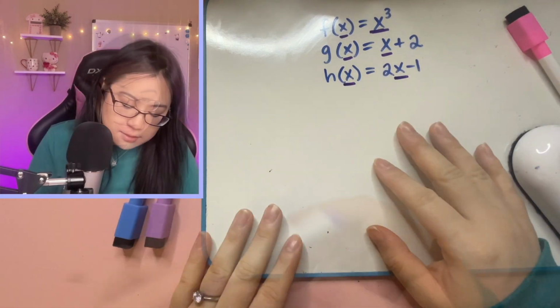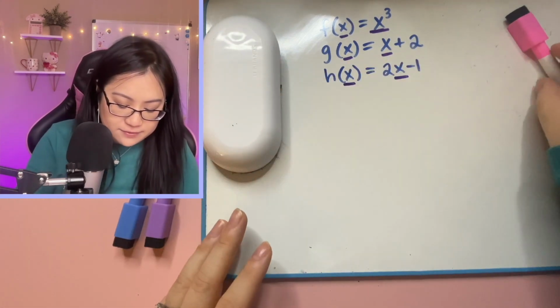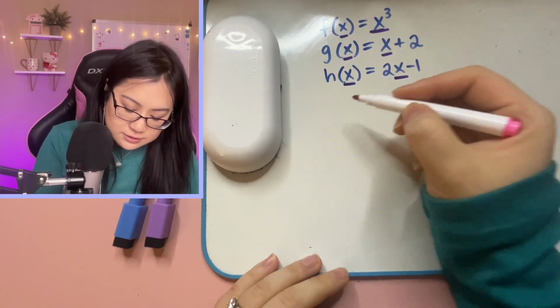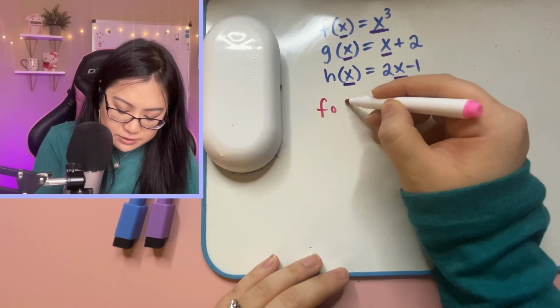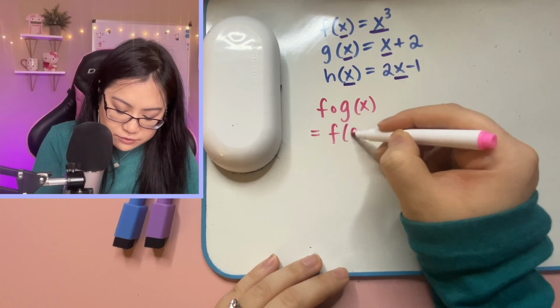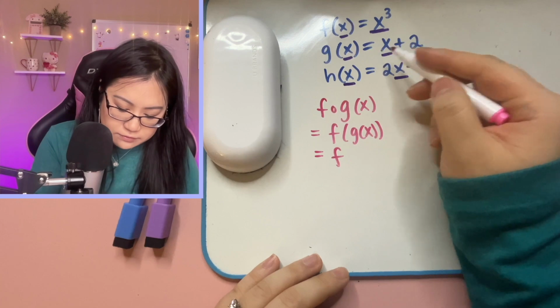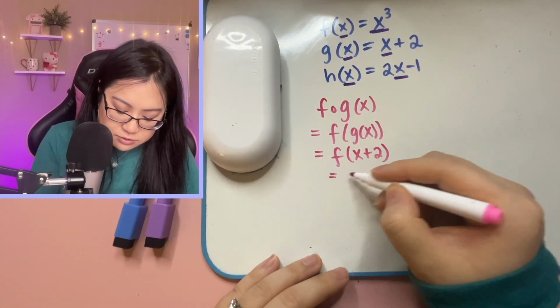Okay, so let's just do some practice now to keep emphasizing this pattern. So we did f of g of x, and maybe we can do a side-by-side comparison. So I'll go ahead and write this out again. F of g of x, which was f of x plus 2, which is x plus 2 cubed.